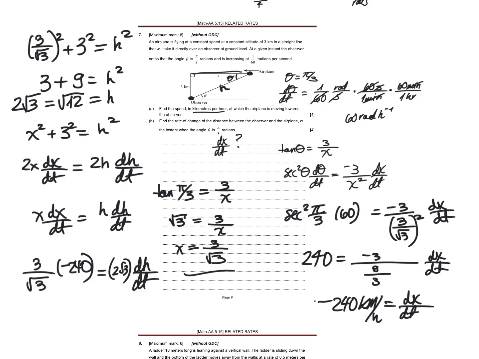Okay, so if we divide by 2 root 3, we're going to have dh/dt is, so 3, those all cancel, and then this is negative 120.